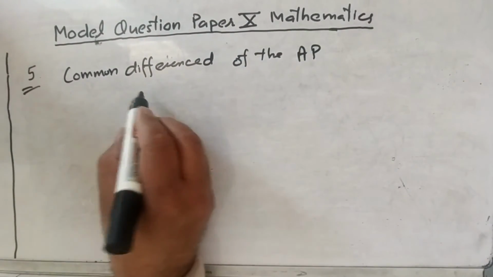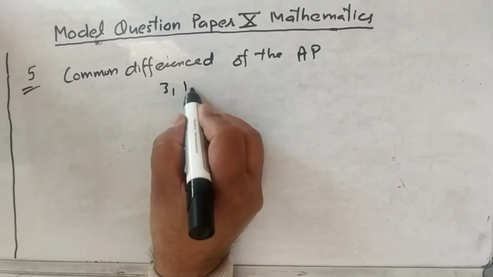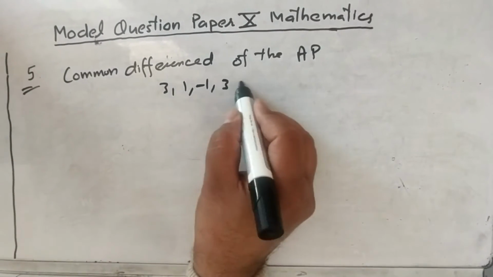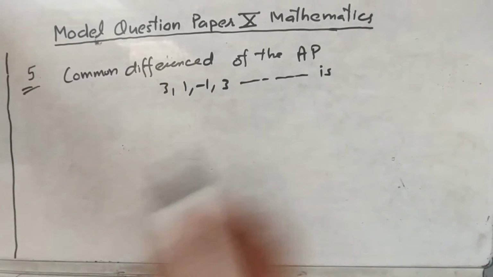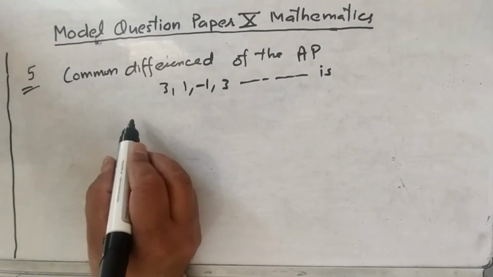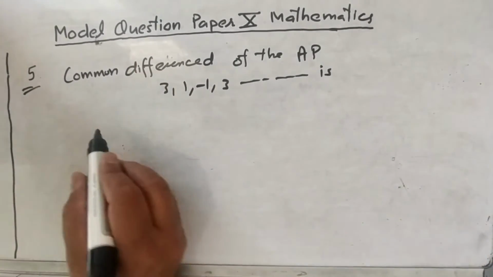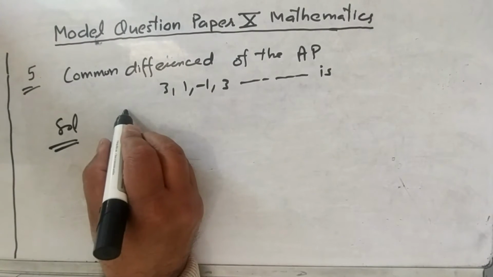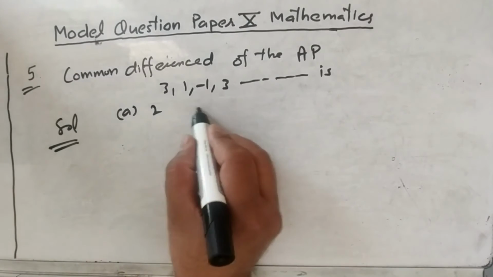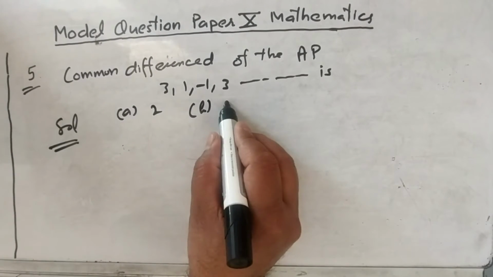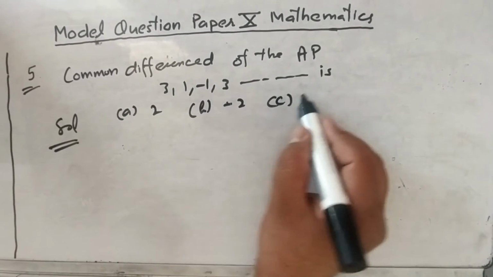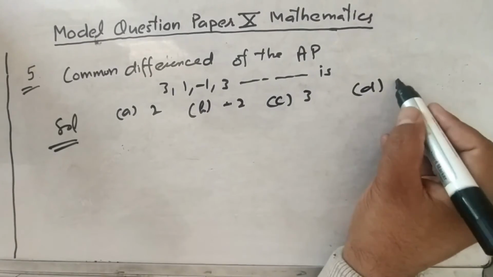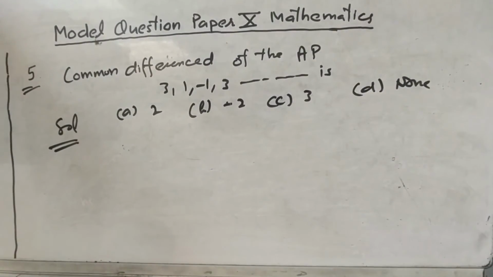So you have an AP here, 3, 1, minus 1, 3, and so on. Children, arithmetic progression, you have options here. First option is 2, second option is minus 2, third option is 3, and D is none. Okay children, so this is the question.